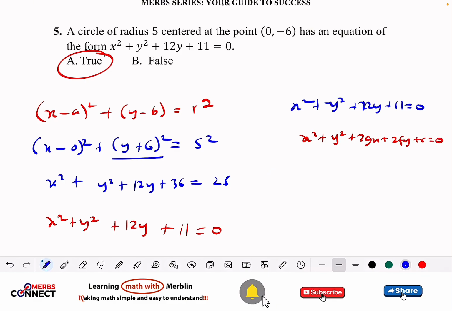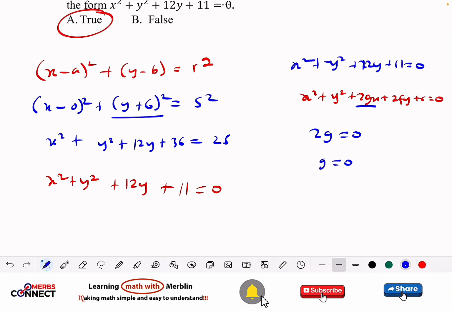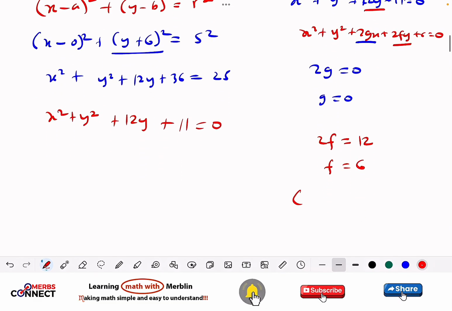Here, the one with x, there is no x there, so g is equal to 0. And the one with y is here, so 2f is equal to 12, and f is equal to 6. Remember, the center is minus g and minus f.